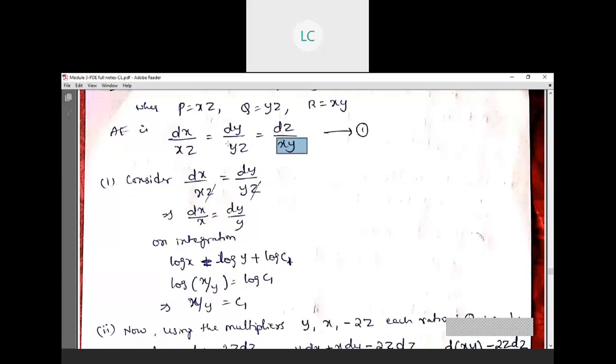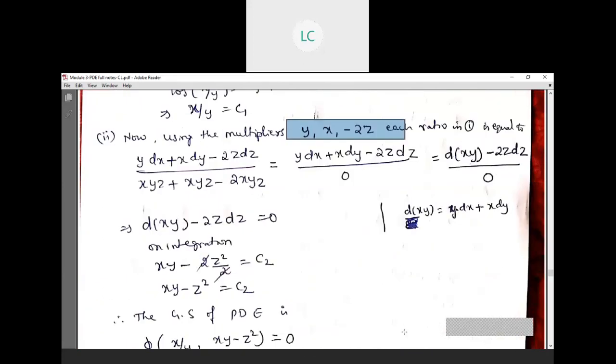Then if we add the denominators, it becomes 3 times xyz, but we should get 0, right? To get 0, xyz plus xyz minus 2xyz, then it becomes 0, right? That's why I'm considering y, x, minus 2z as multipliers.